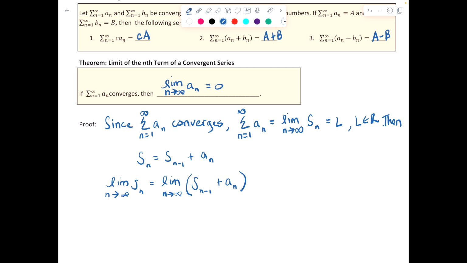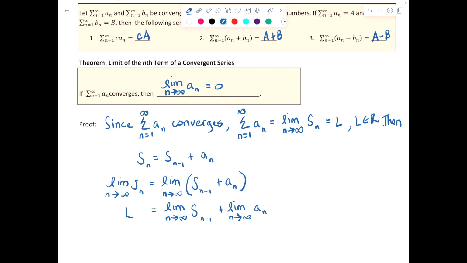So we know that the left-hand side is L. That's going to equal the limit as n approaches infinity of S sub n minus 1 plus the limit as n approaches infinity of a sub n.